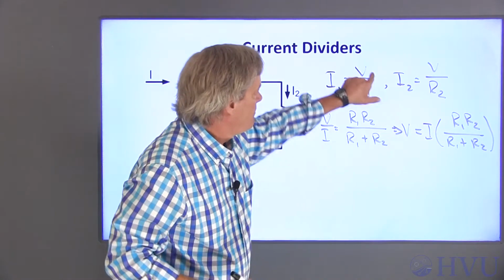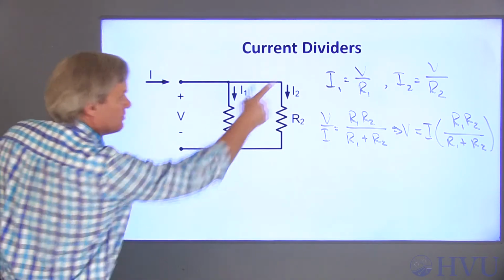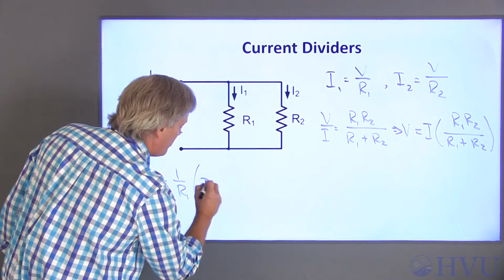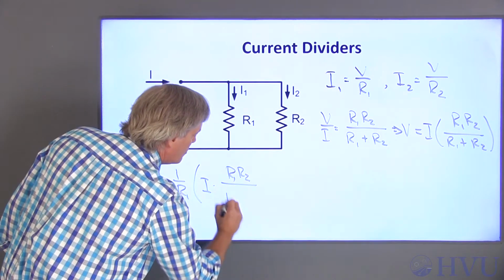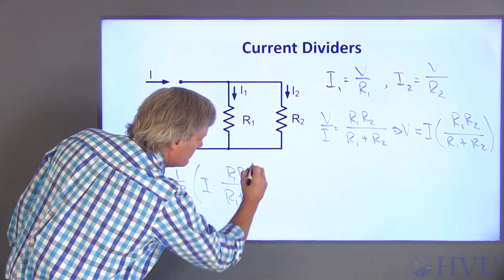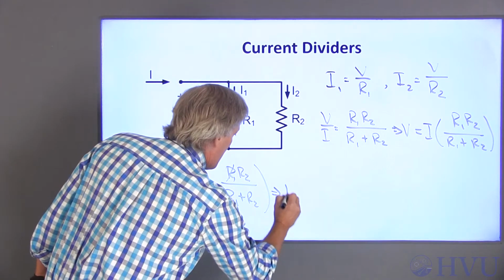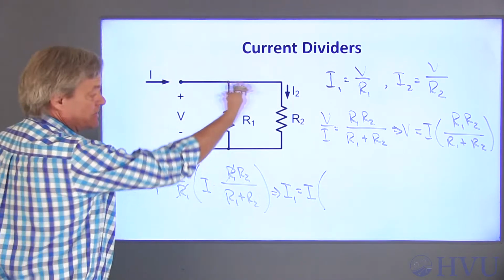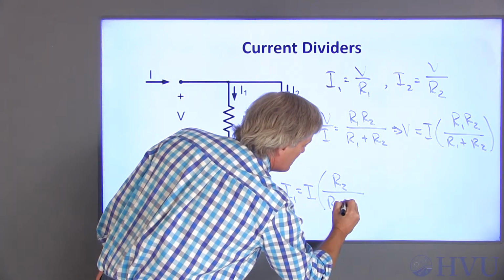If I plug this V in here, I1 is equal to 1 over R1 times V, which is the total current I, times the product R1 R2 over R1 plus R2. This R1 cancels with that one, so I1 is equal to the total current I times the other resistance, R2, over the sum of the two resistances.